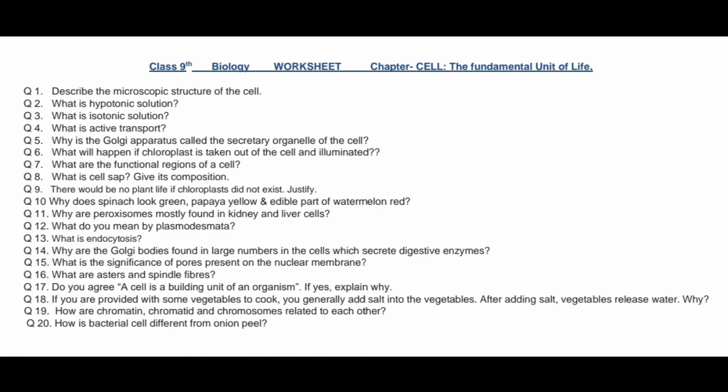So hence we can say a cell is the building unit of an organism, because cells combine to form tissue, tissue combines to form organ, organ combines to form organ system, and at last with the combination of different organ systems an organism is formed.